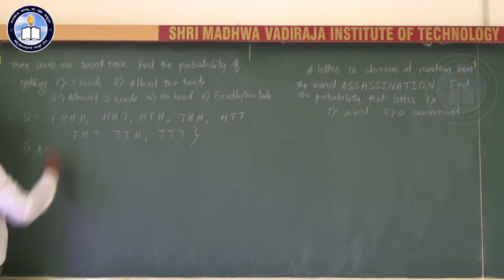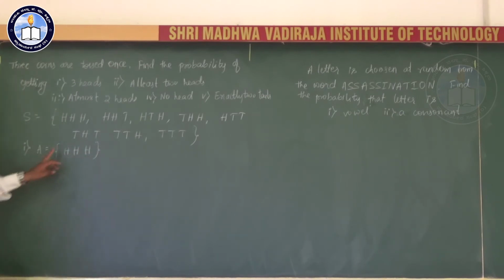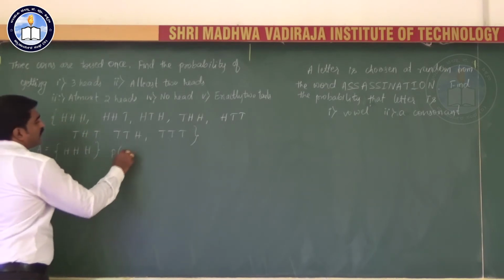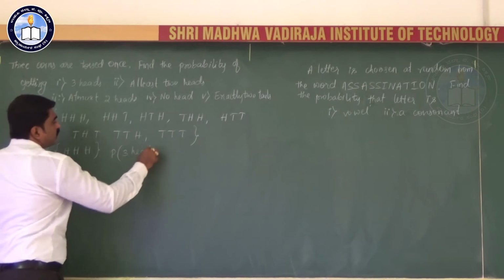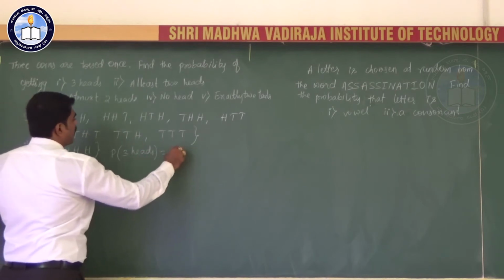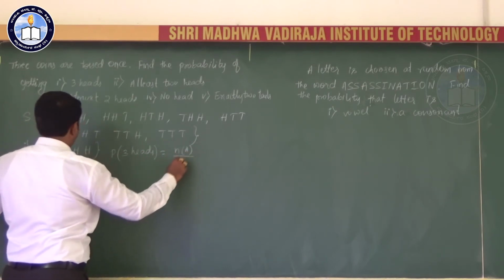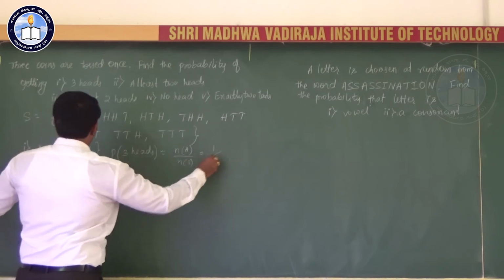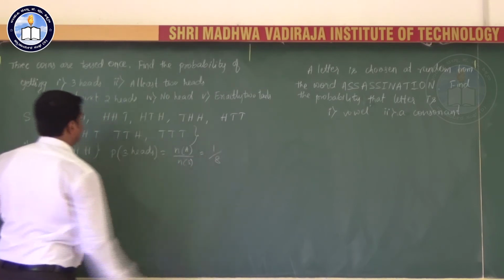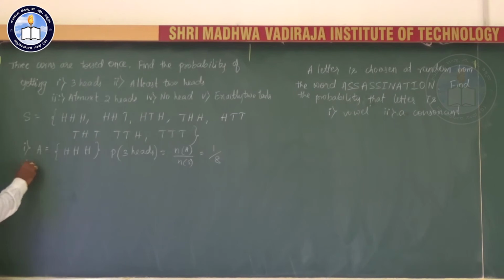Yes. Now let me consider that as event A. So probability of getting 3 heads. What is the outcome of that event? That is only 3 heads, only one chance. So therefore the probability of getting 3 heads is equal to N of A by N of S, that is 1 by 8. Next, the second event, at least 2 heads.